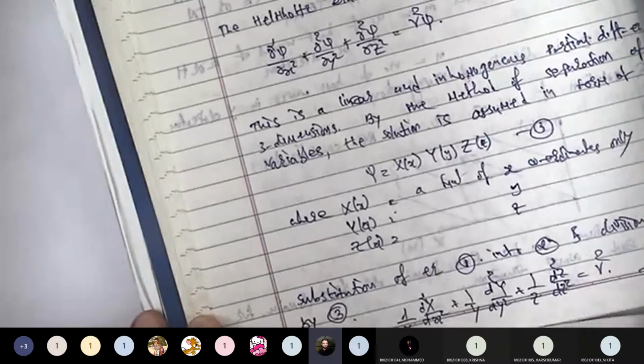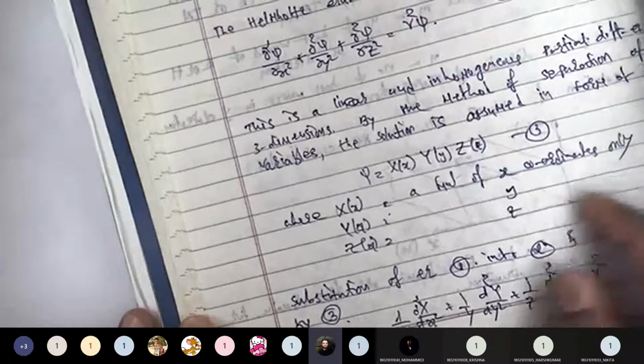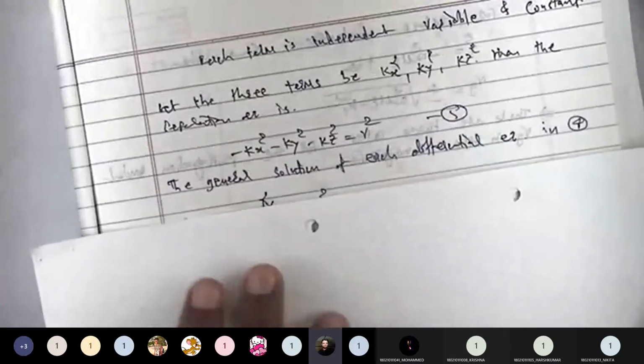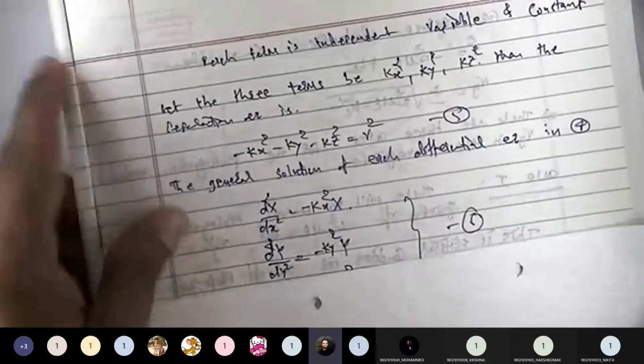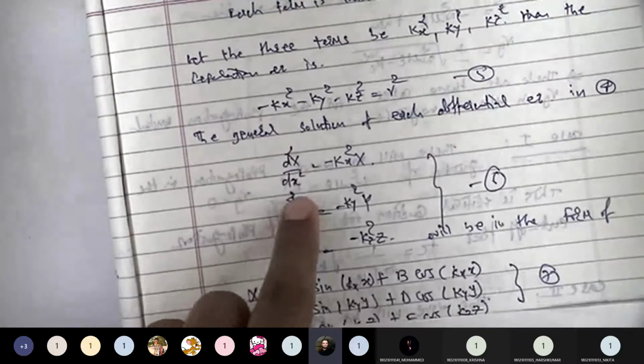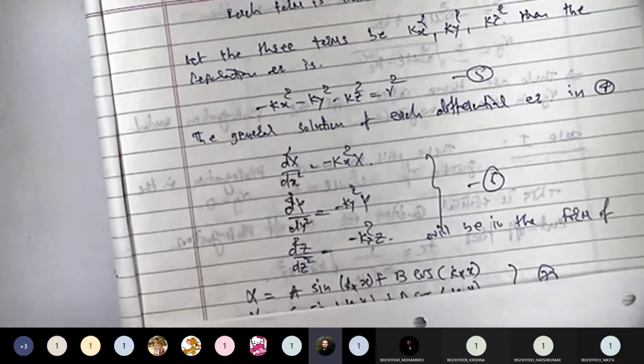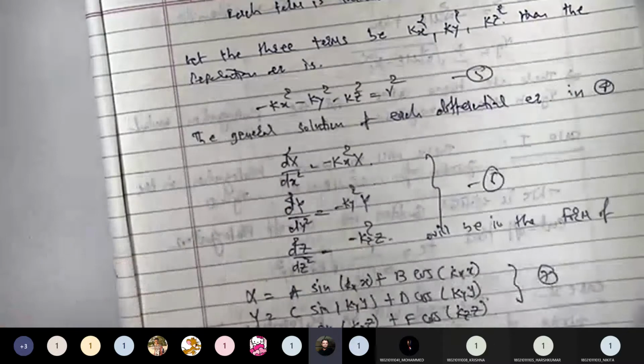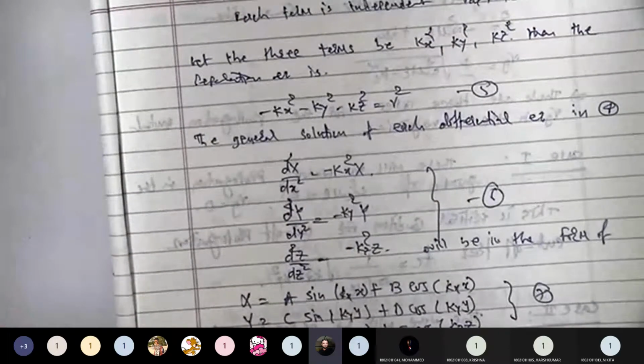So let us now try to solve the individual equations. As I mentioned, let me show you this part, that what will happen here.